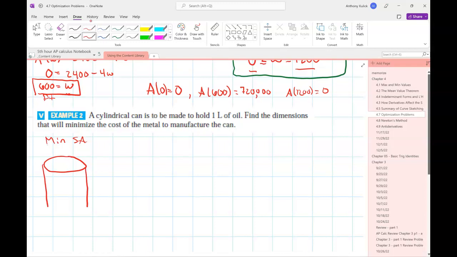Okay. So let's draw our picture real quick, I suppose. So we're just going to have just like a regular old cylindrical drum. How do I calculate the surface area for a cylinder like this?